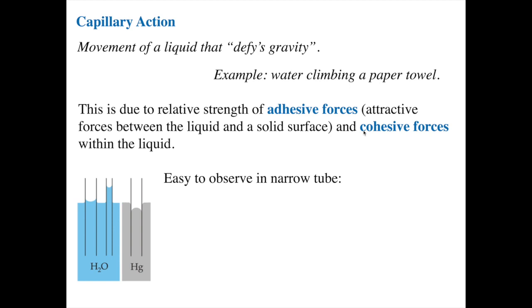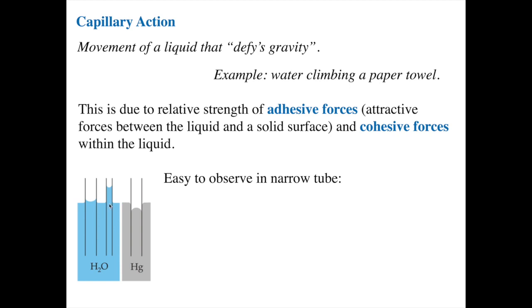If we look at mercury versus water in glass, I should note this is glass tubing here, we can see a difference in the capillary action. Water, when you place it in this glass tube, you start with a meniscus here at the starting level of the water.